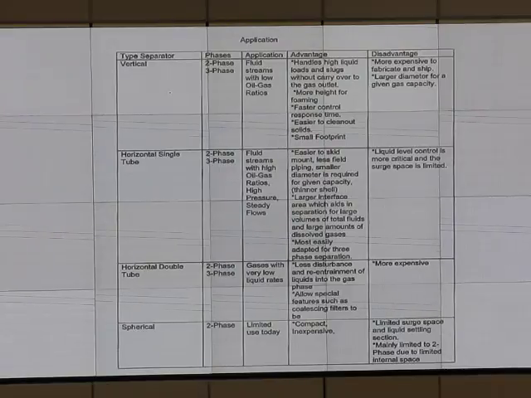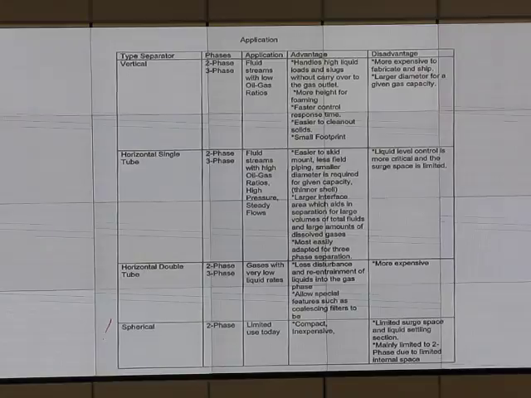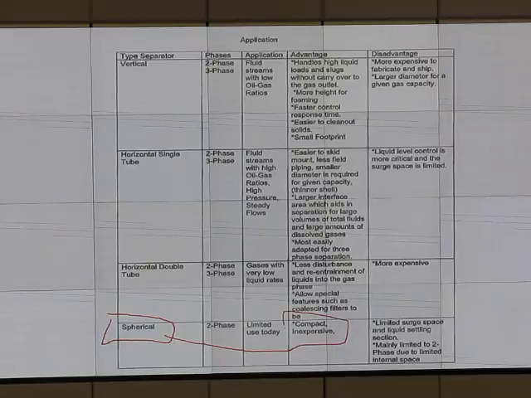Application. We talked about this already, but this is a summary for you to read. For example, the spherical separator: compact, inexpensive, limited use today, so we don't really use it.